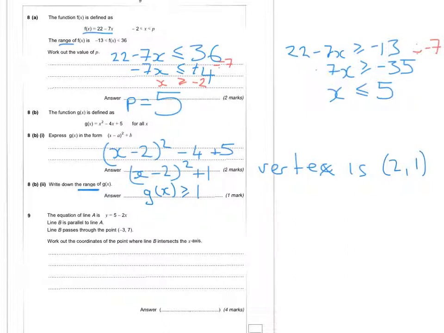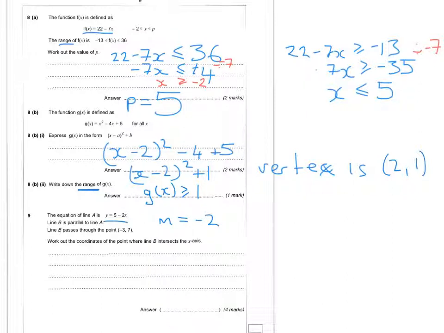The equation of line A is 5y equals 5 minus 2x. Line B is parallel to line A, so its gradient is -2. Line B passes through the point -3, 7. Work out the coordinates where line B intersects the x-axis.